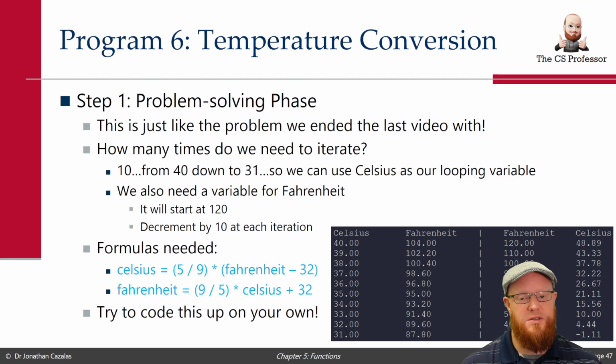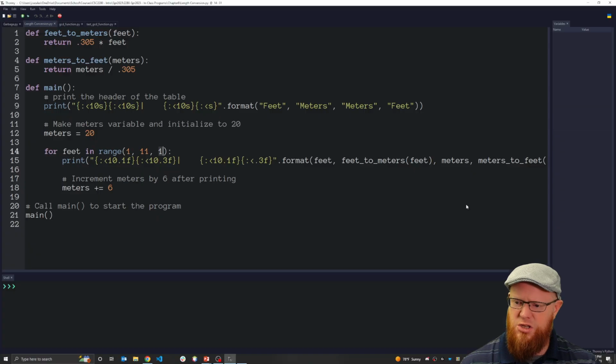This 3rd column is going to be the variable Fahrenheit that we're setting, starting at 120 and decrementing by 10 at every iteration. And then the 2nd column and the 4th column are the conversions. We're converting the 1st column Celsius value to the 2nd column Fahrenheit value. And then the 3rd column, which has the given Fahrenheit values, we're going to convert those to their respective Celsius values. So let's just jump right in.